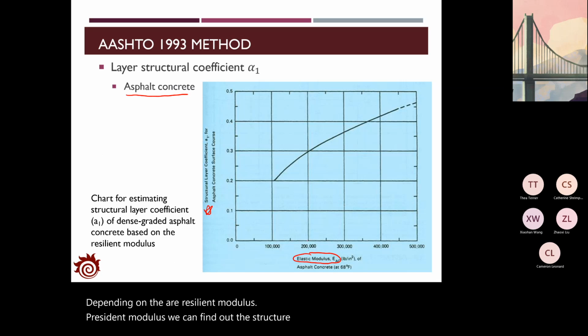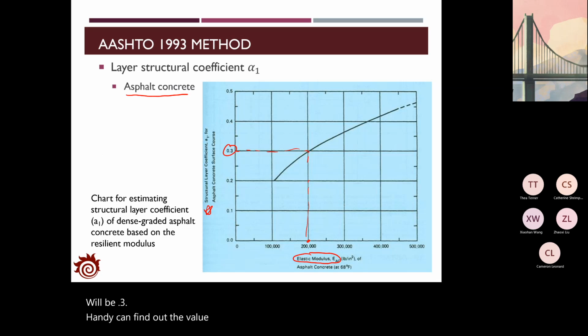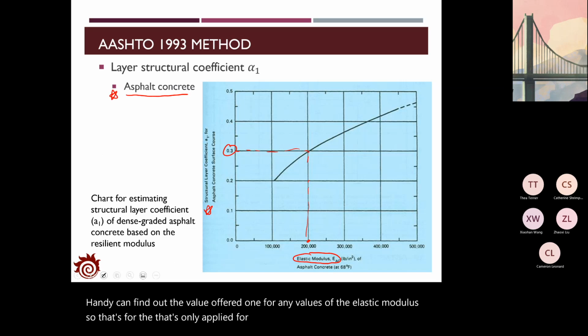If the resilient modulus is 200,000, then the structural coefficient will be 0.3, and you can find the value of alpha 1 for any values of the elastic modulus. That's only applied for the asphalt concrete layer.